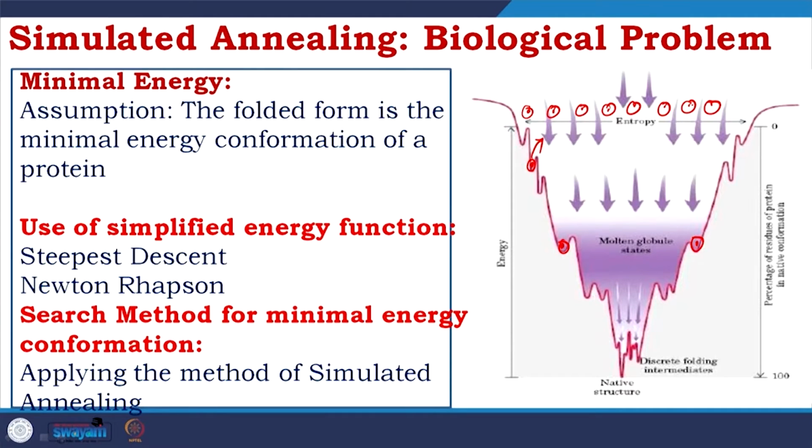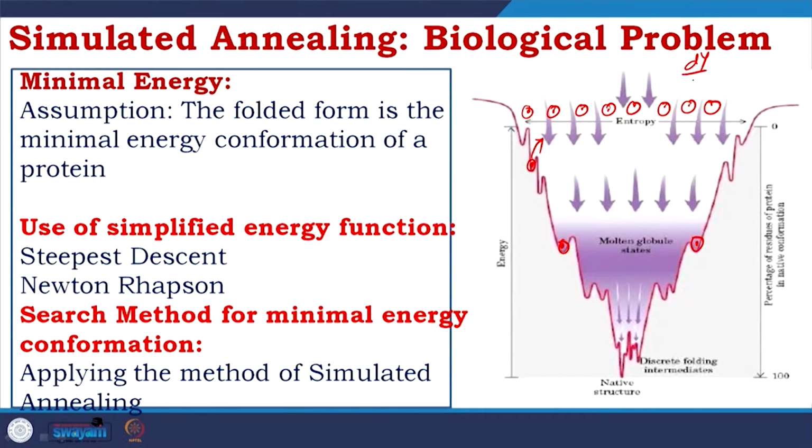Now, they are cooling down. How do you know they are coming to a minima? First of all, you use that random number as a function and you perform dy/dx. When dy/dx equals 0, you are confirmed that you are at a peak. It could be maxima, it could be minima, you attain a peak.